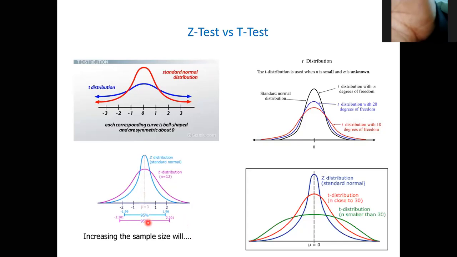Now, you will see that for the blue one, 95% is between minus 1.96 and plus 1.96, but for the T distribution, the 95% area is between minus 2.201 and plus 2.201.